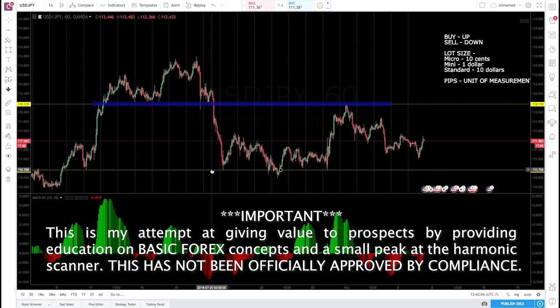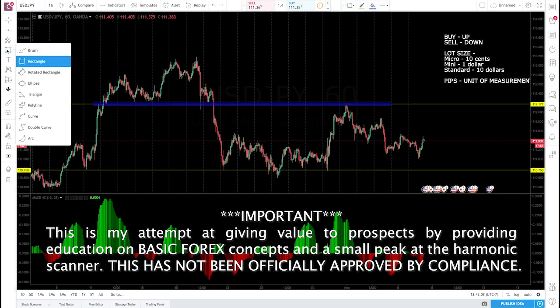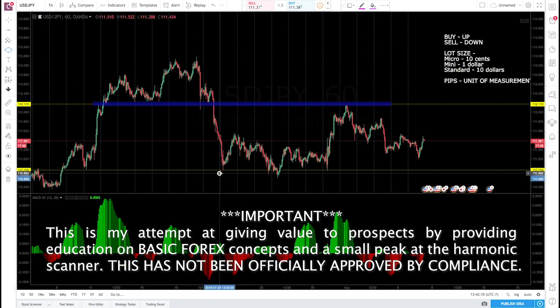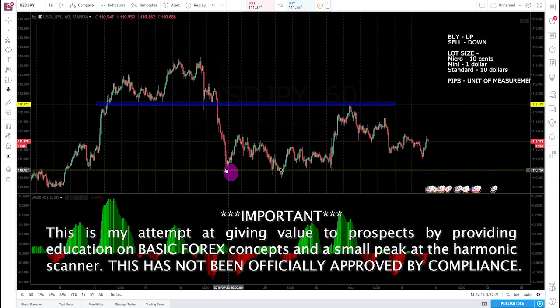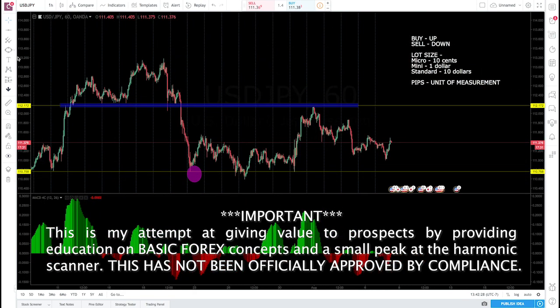So for instance, right around this area right here, if I was to see price one time come off of here, when it comes around here, I'm expecting it to come up from this area, right? And let's say I happen to see this happen.